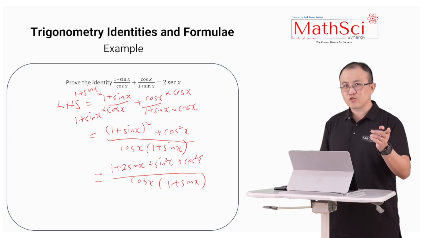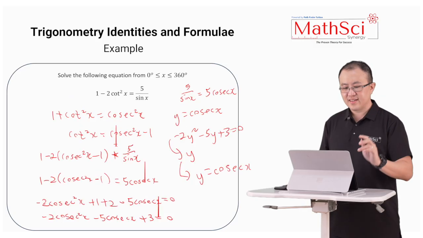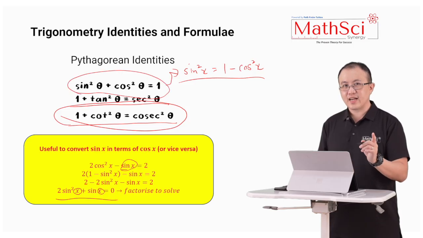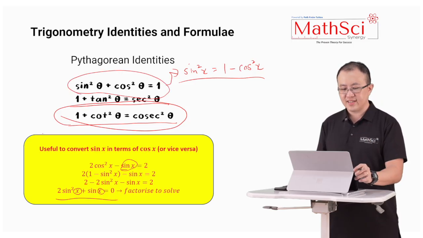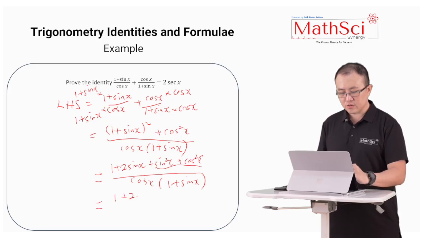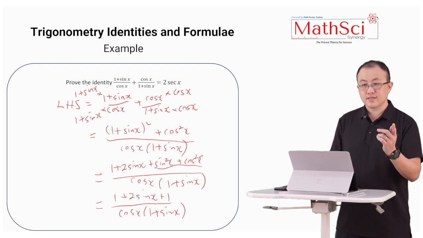Can you see there's a sine square plus cos square here? Change it to 1. Sine square x plus cos square x is 1. So this entire thing will be (1 plus 2 sine x plus 1) over cos x (1 plus sine x). Like that, can you see?